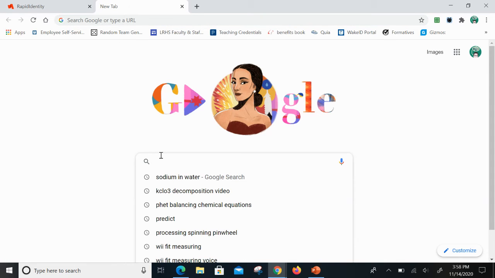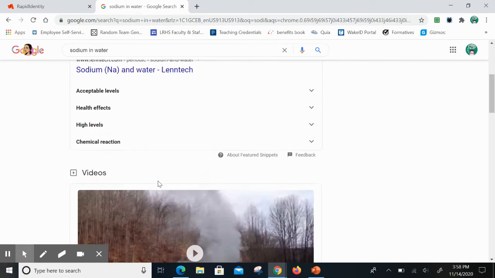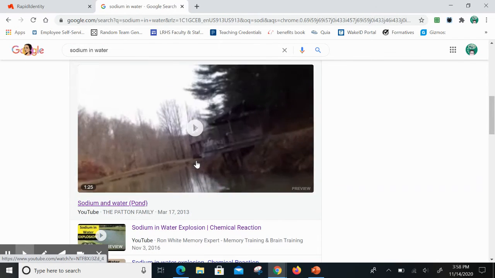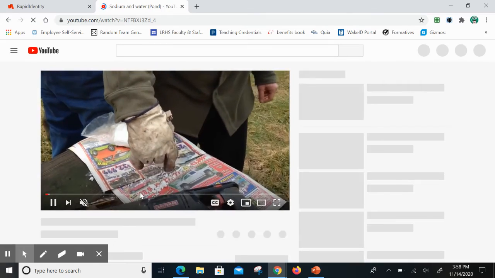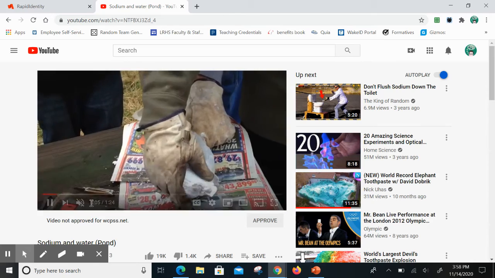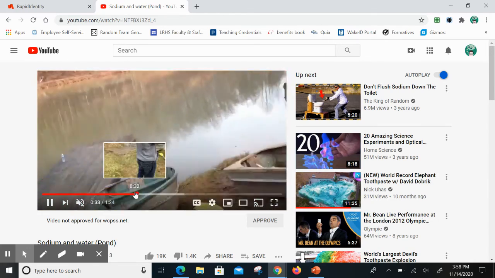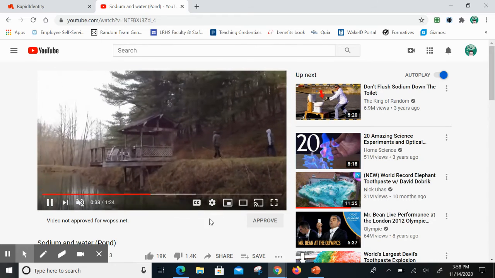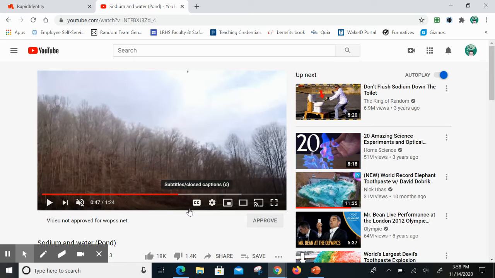So we saw this video, well, not this one, but here's sodium getting thrown into a river. But there's the sodium. And when they throw that chunk of sodium into a lake, there it goes.